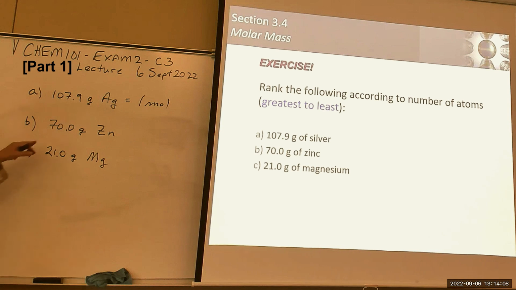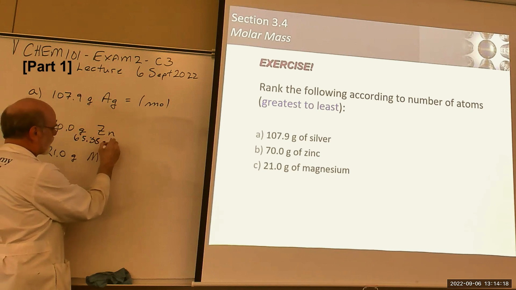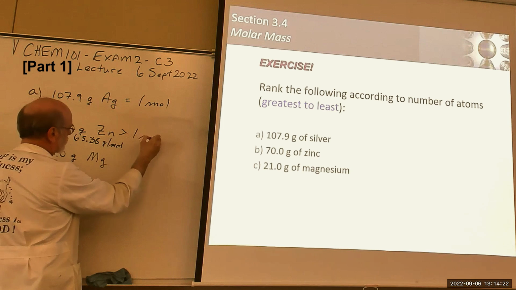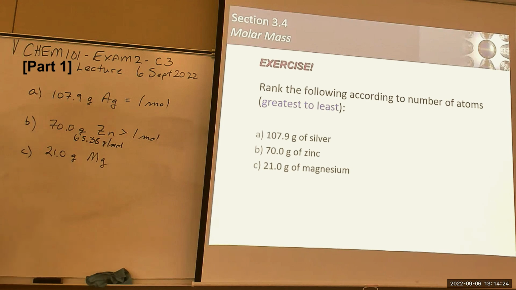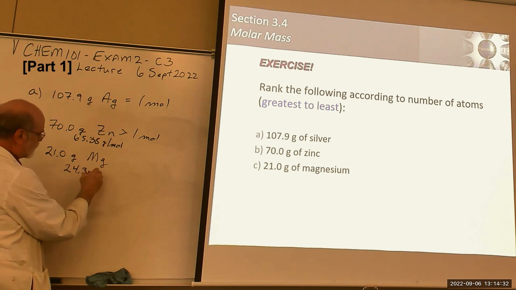Okay. How about zinc? 70 grams of zinc. Well, zinc is 65.38 grams per mole. So what does that make this? That's greater than a mole. Okay. And 21 grams of magnesium, well, we looked at it before, 24.3 grams per mole.